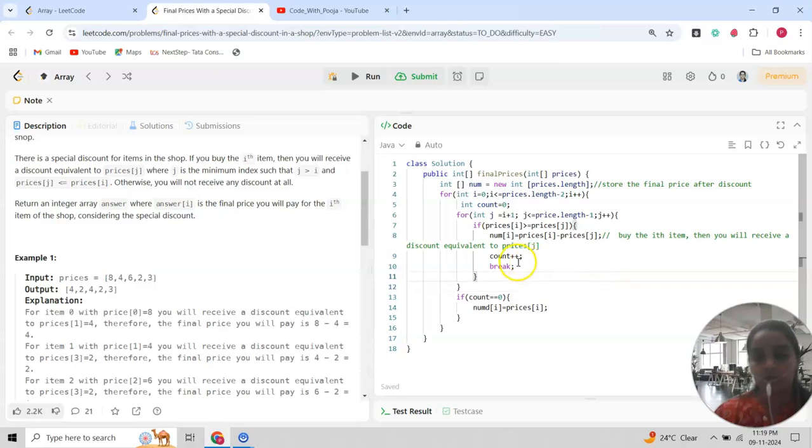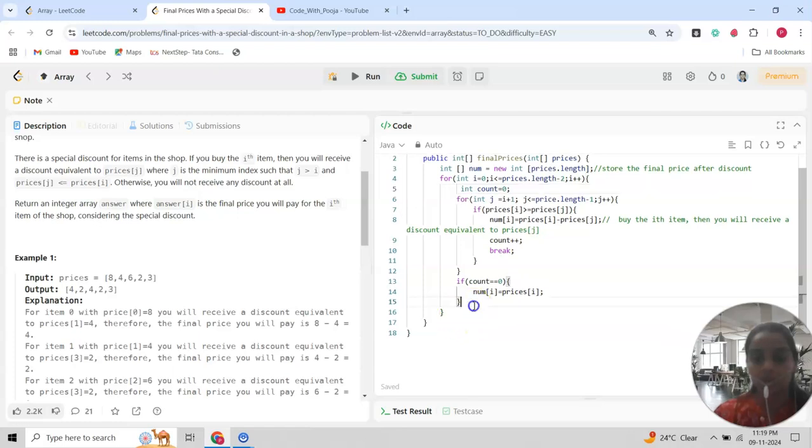Now here is the break, and if it is not found, nums[i] will store the price of the ith element, and that's it. This is the j loop, and we initiate count with 0. We also have to think that we are iterating the ith loop.